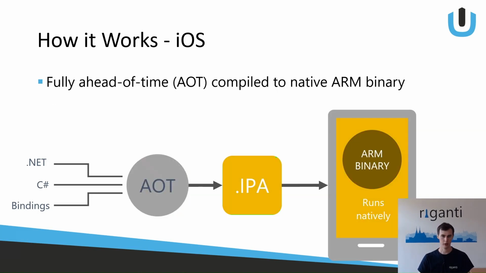On the other hand, on iOS, it gets precompiled into native ARM binaries, and that gets executed directly on the device. So no JIT compilation on the fly. Each of these approaches has its pros and cons. I just wanted to state this so that we count that every platform is a bit different.